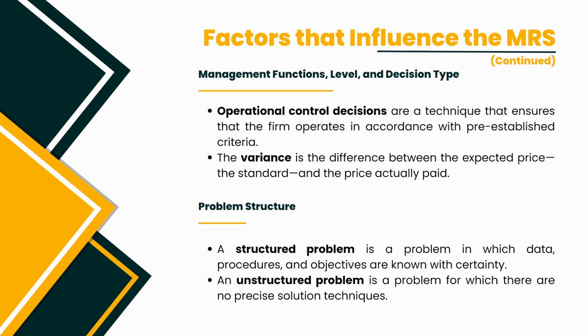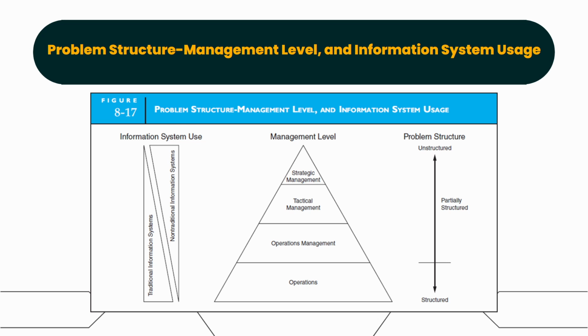To continue the factors that influence the MRS, in addition to management functions, levels, and decision types, it also includes operational control decisions and variance. Lastly is the problem structure, which includes structured problem and unstructured problem. This is the problem structure, management level, and information system usage.